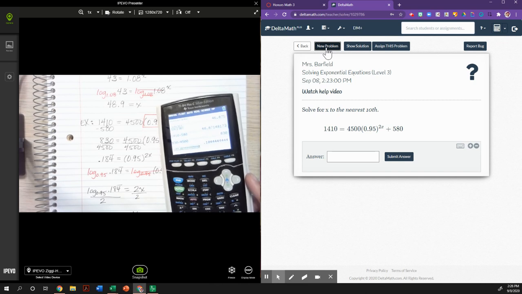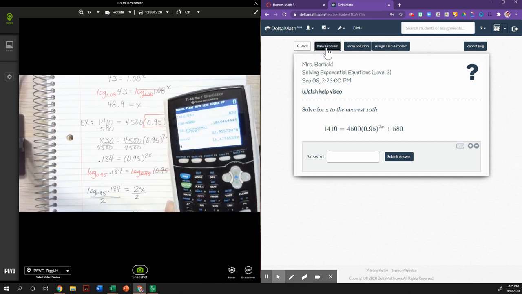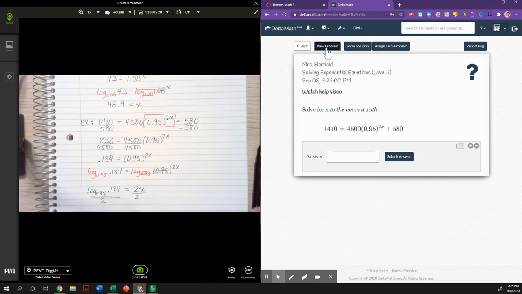I'm going to type in a bunch of 4s so I get that repeating part in, divided by log of 0.95. That's the logarithm, the numerator. Now I'm going to divide it by 2. I get 16.47, which is 16.5.